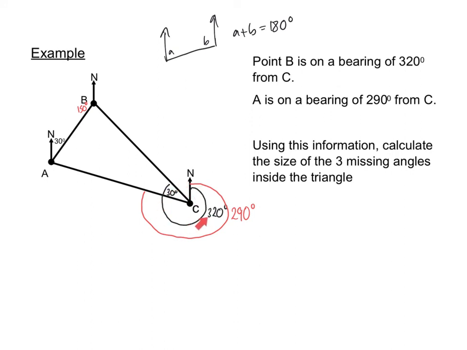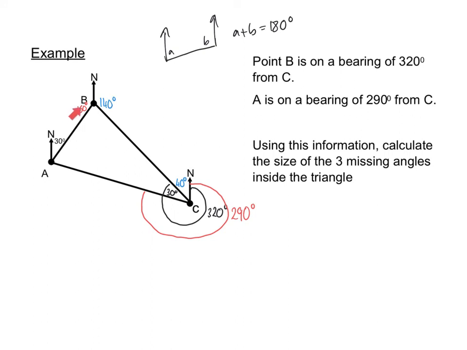So 360 take away the 320 means this extra little part in here, which we can write in again, is going to be 40 degrees. Now, because I know this, I can find this because of this idea of co-interior angles. These two trapped inside the north lines here should add to 180. So 40, take that away from 180, should leave me with 140 degrees here. So we can write that in there.